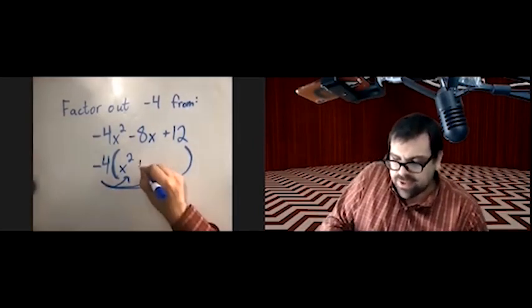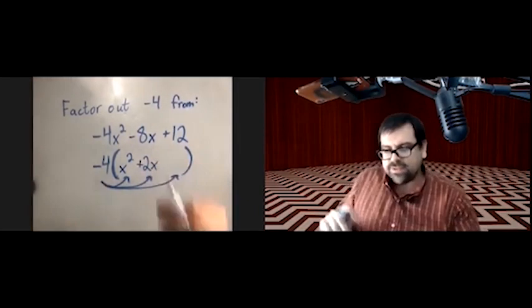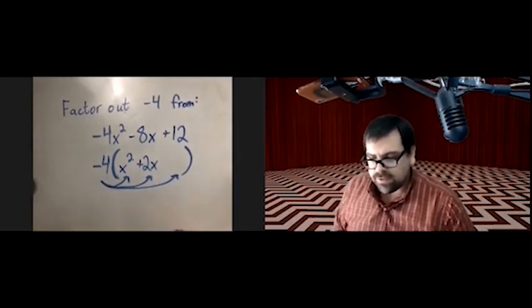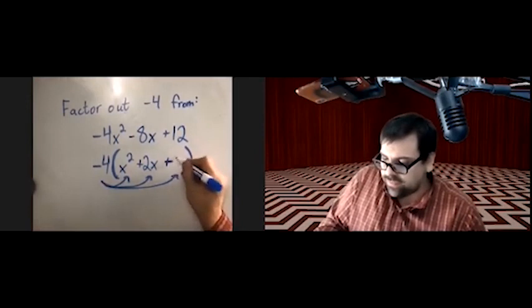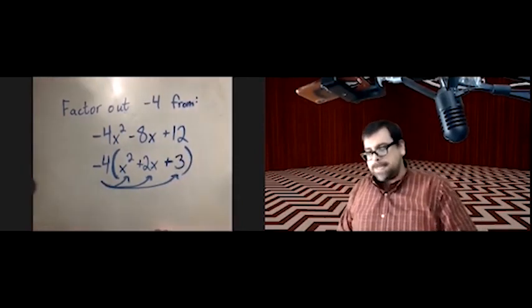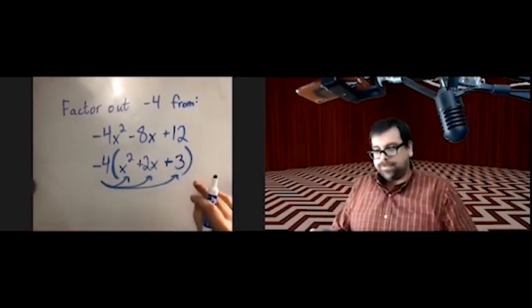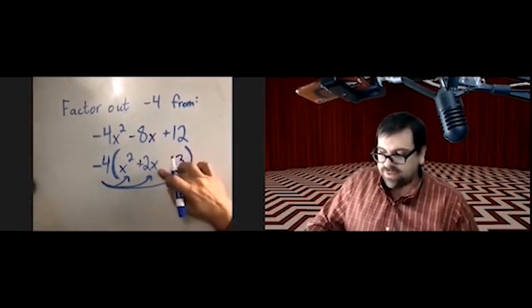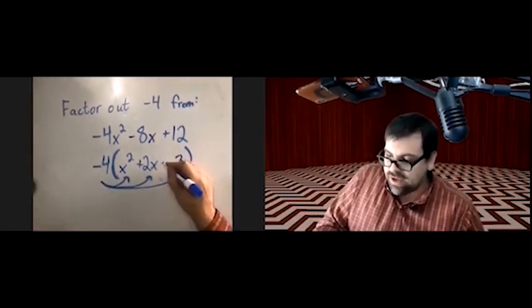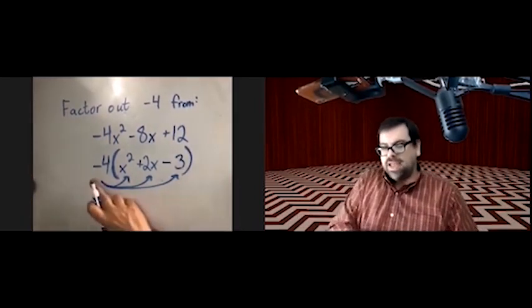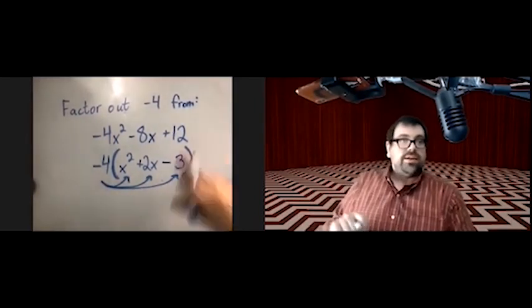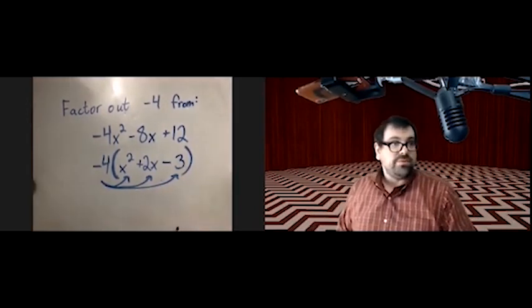Negative 4 times positive 2x is negative 8x. And negative 4 times positive 3. No, not positive 3. Negative times negative is positive. So negative 4 times negative 3 is positive 12.